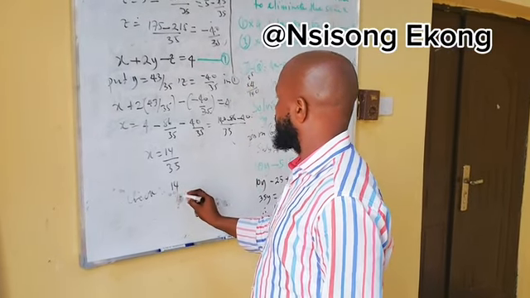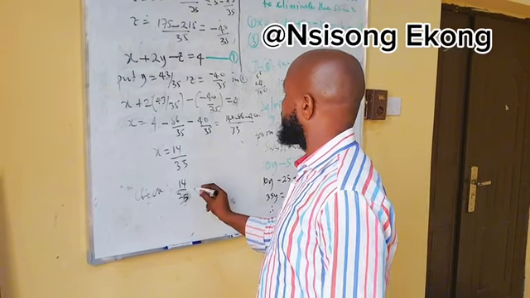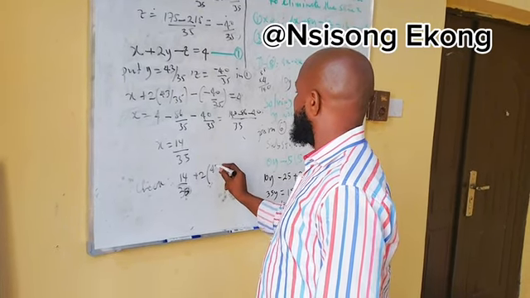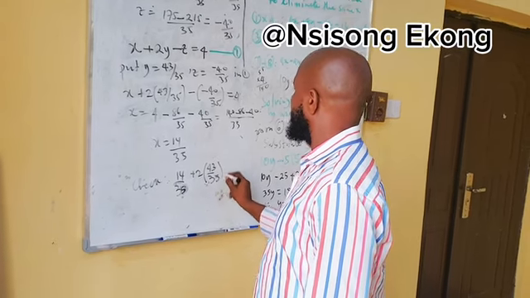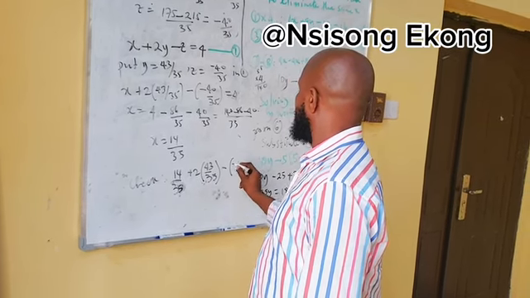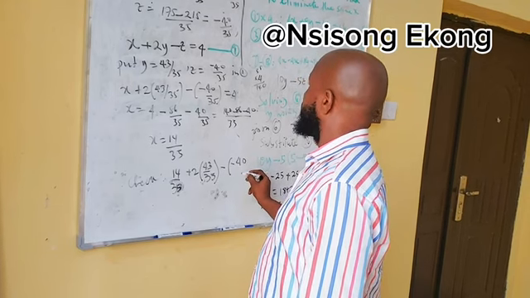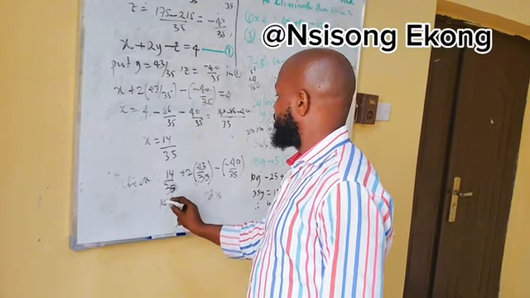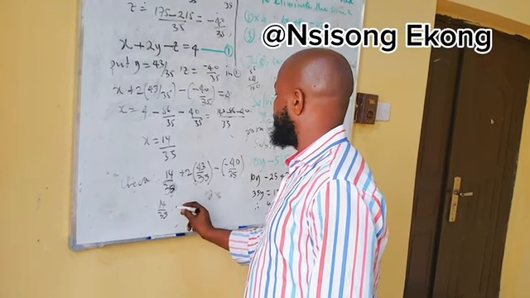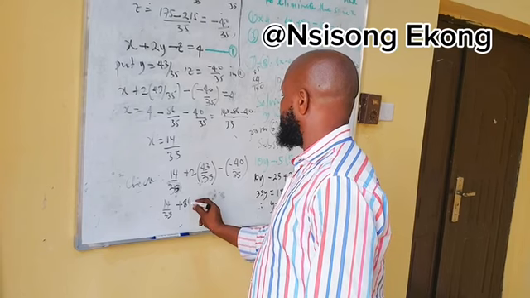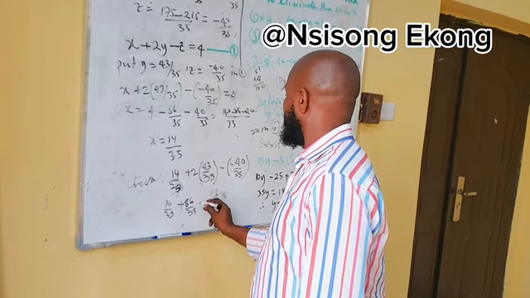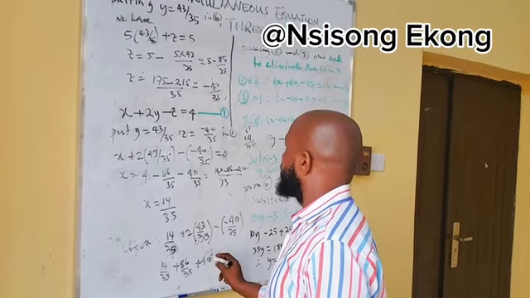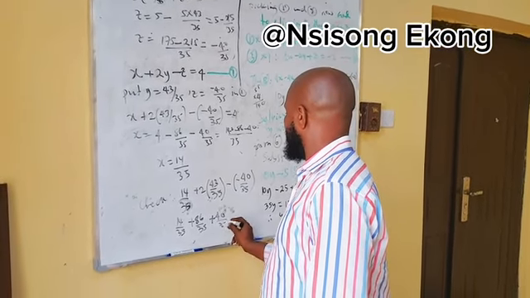Putting these values in equation 1, we have 14 over 35 plus 2 into 43 over 35 minus 40 over 35. This is now 14 over 35 plus 86 over 35 plus 40 over 35.